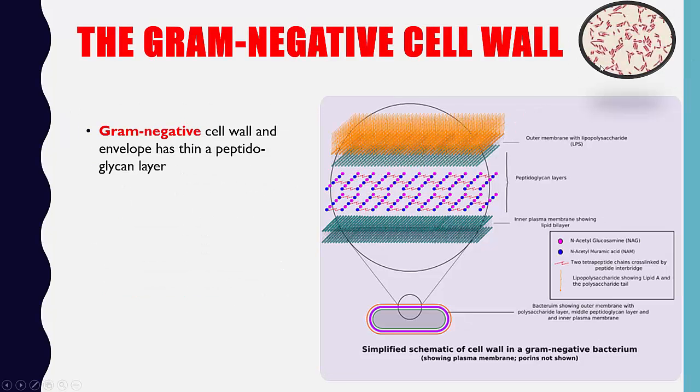Gram negatives. Again, it has a cell wall, but it's thin, just a little bit of peptidoglycan. But it has an outer and an inner membrane. The outer membrane is freakish, unique. I use freakish just to put it into your head. It's very protective, isn't it?